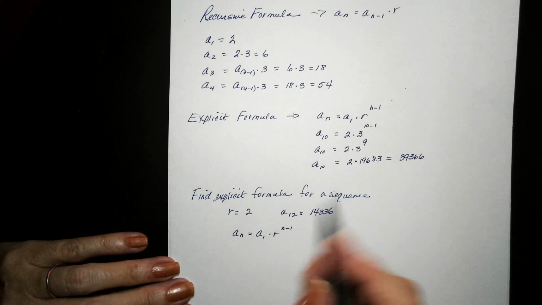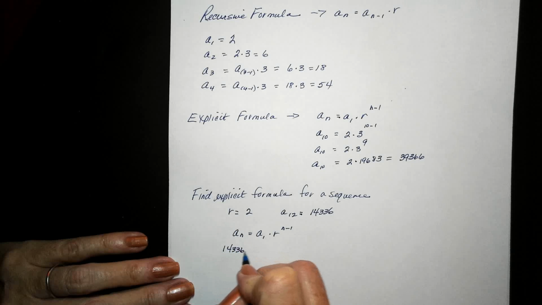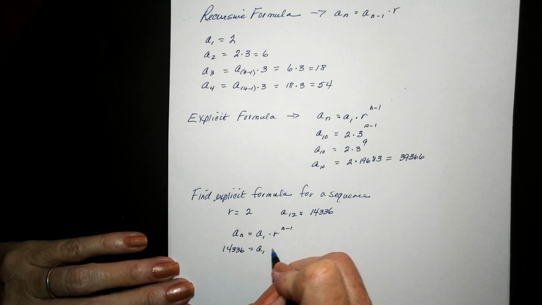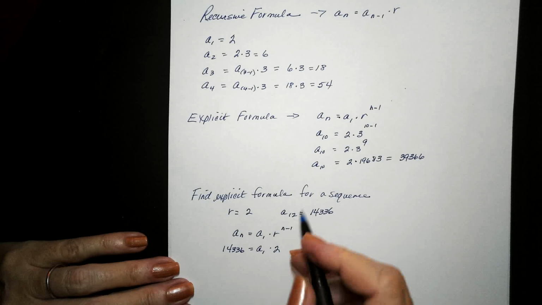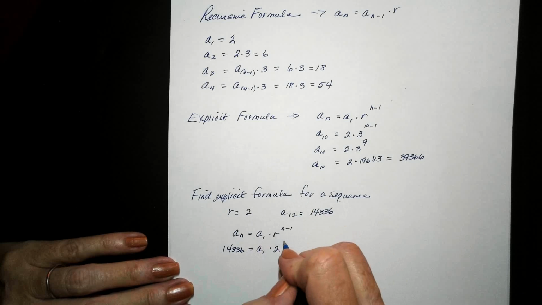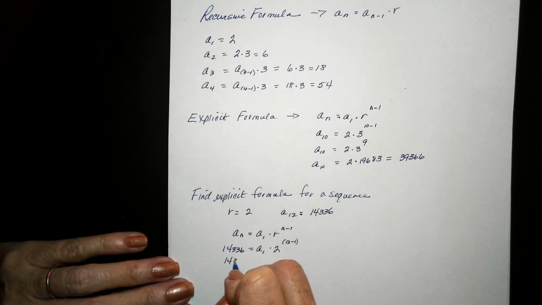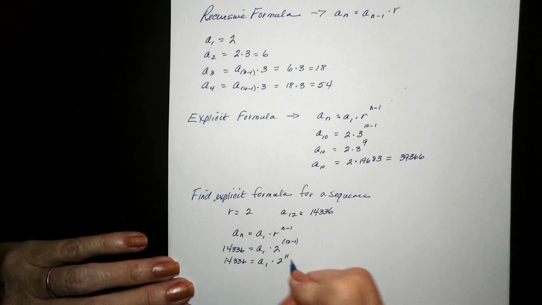Well, we know this is the 12th term, so a_12 would be 14,336 equals, we don't know a1, so we would leave that a1. Okay, but we know that our ratio is 2, and we know that our term is 12, and it would be minus 1. So 14,336 equals first term times 2 to the 11th power.